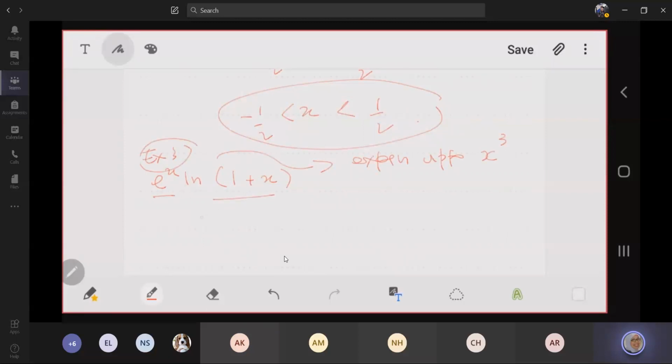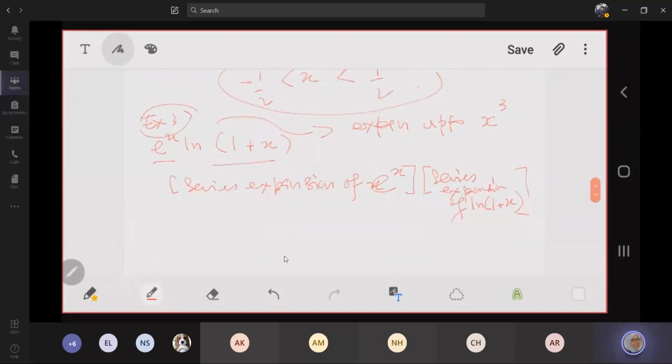When you have something like this, what you do is you get the series expansion of e to the x, and then multiply with the series expansion of ln 1 plus x.